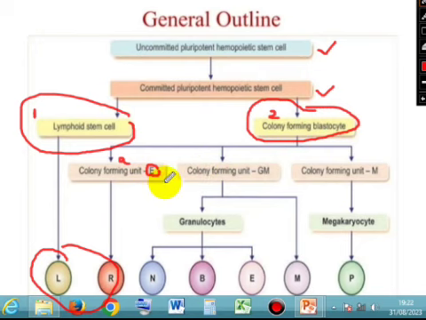Number A is the colony-forming unit erythroid. The E here stands for erythroid.